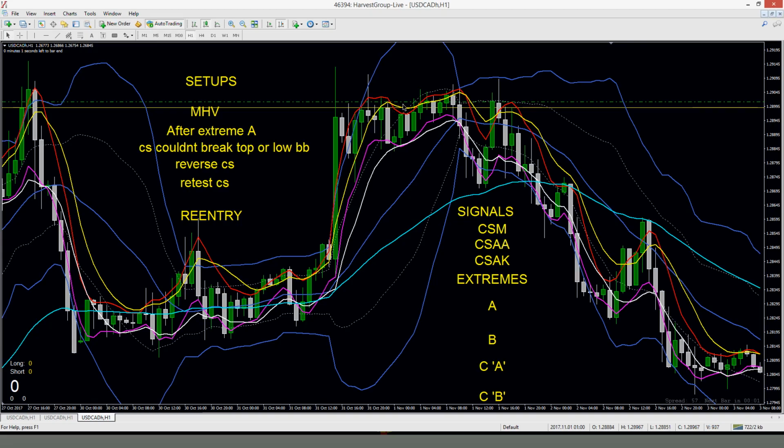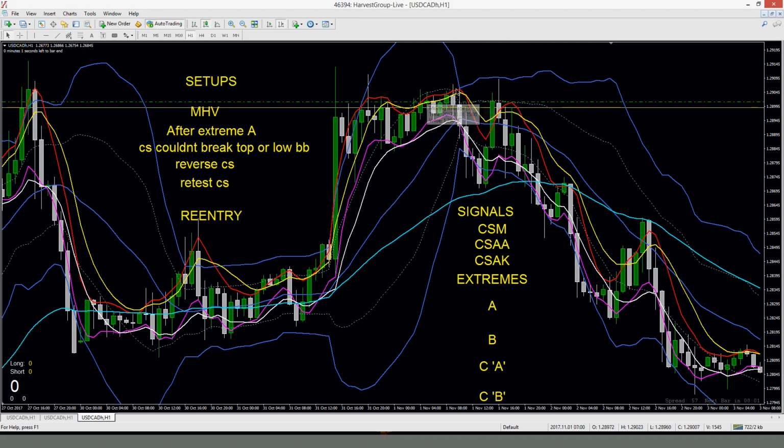Let's say you enter sell on this MHB. Your stop loss should be if there is a CSM buy on top BB. That is a signal for you to cut your loss. But if there is no candle that managed to break through top BB, then you should hold your sell.